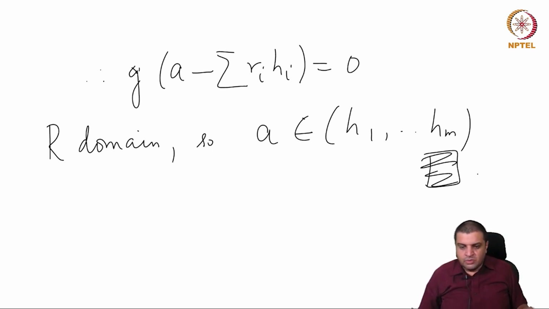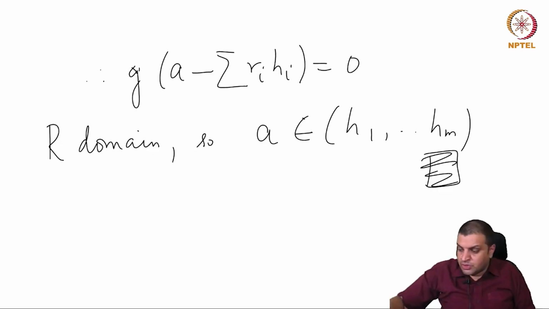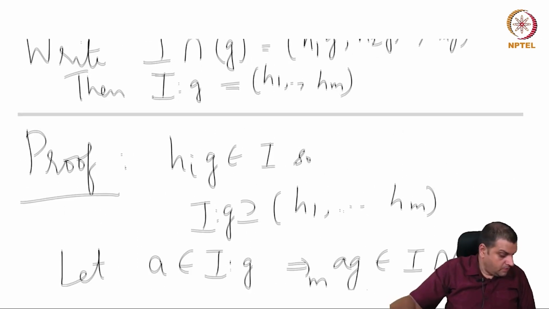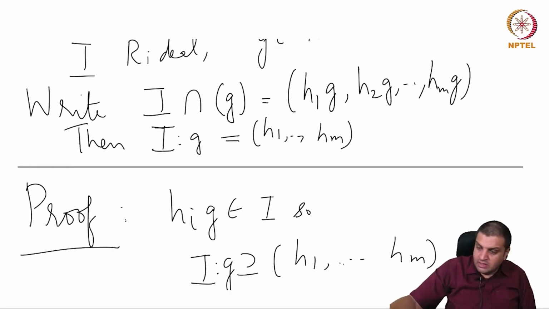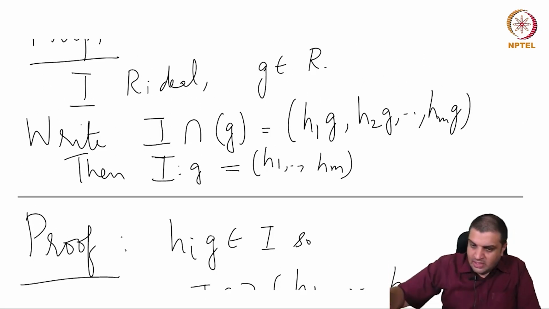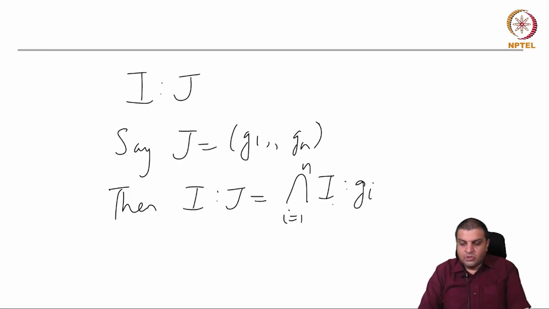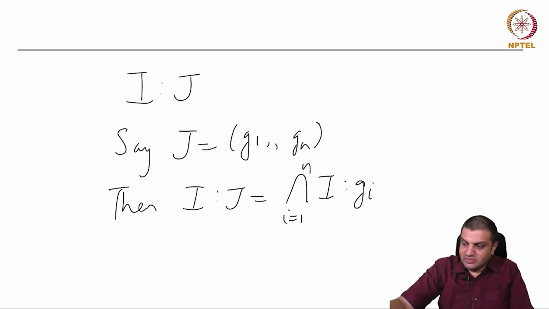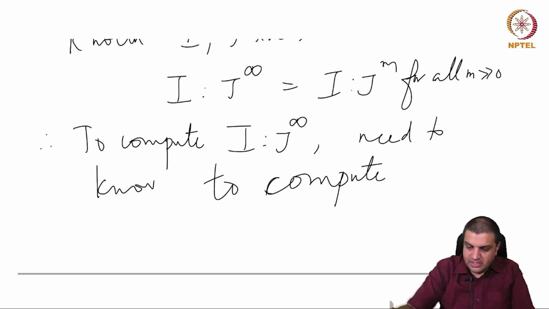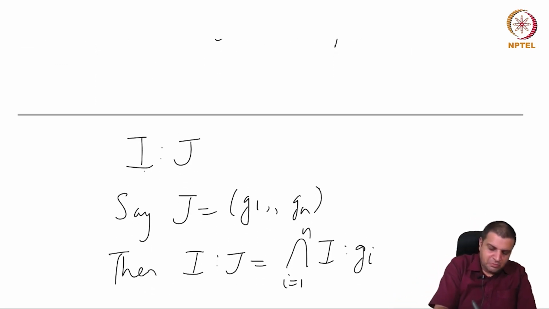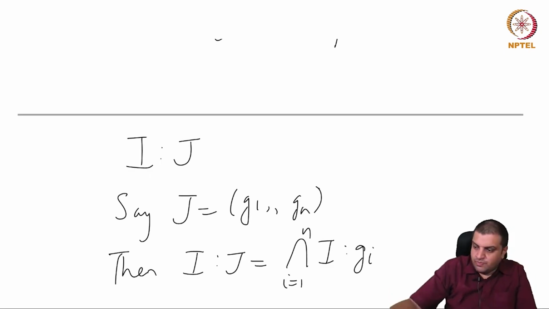So this gives us a way to compute I colon G, this proposition. But let's go back to where we were. We wanted to do saturation. We concluded that if one can compute colon ideals arbitrarily, then one can do saturation also.